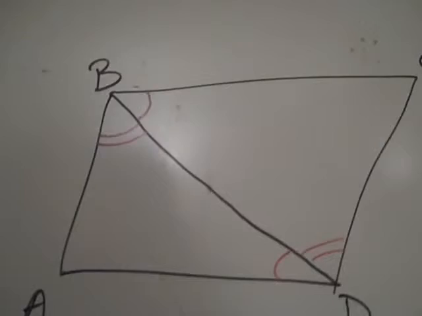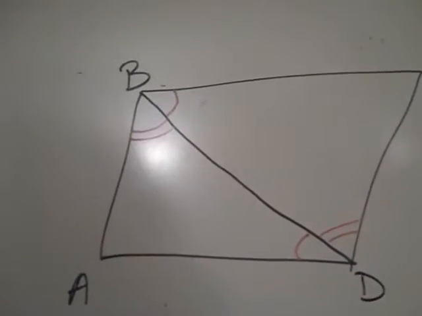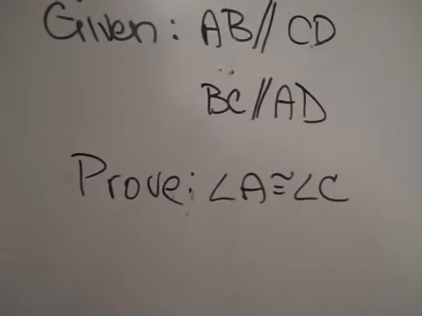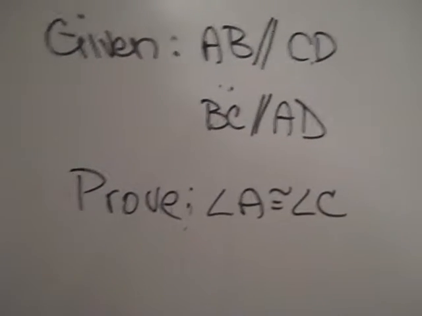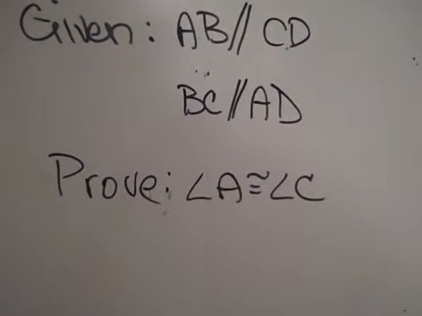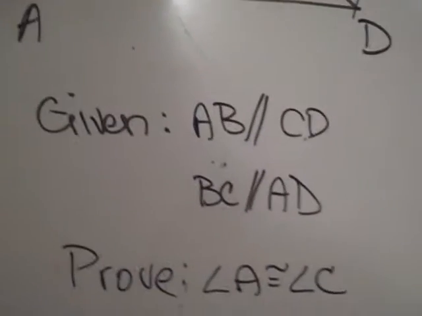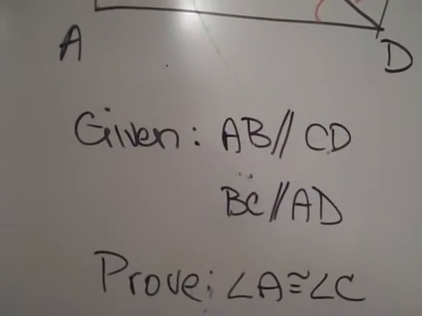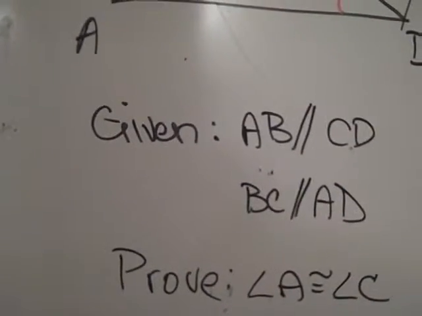Now, not only do you automatically know the first 2 lines of every proof, you also know the last line of every proof. And the last line of every proof is going to be what you were trying to prove. In this case, it's angle A is congruent to angle C. This particular proof has 14 answers, 7 reasons, 7 statements.